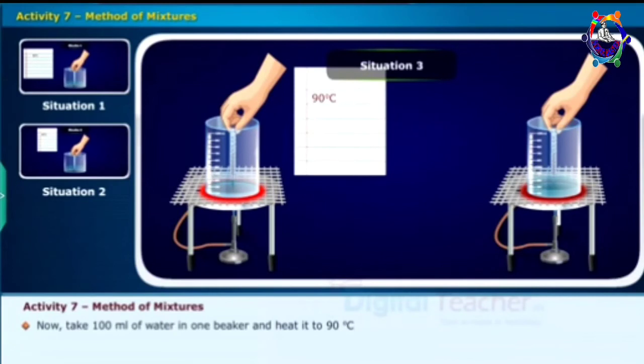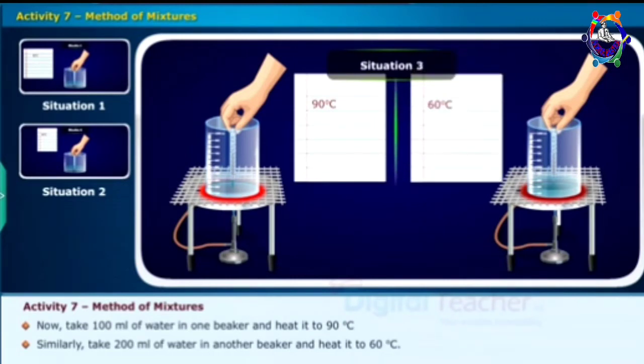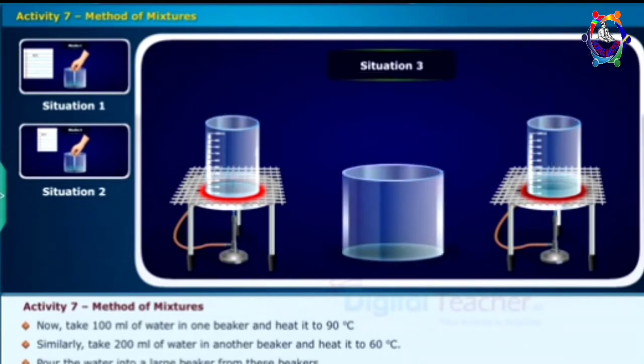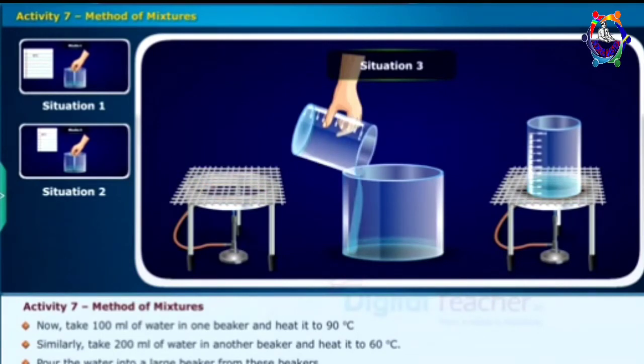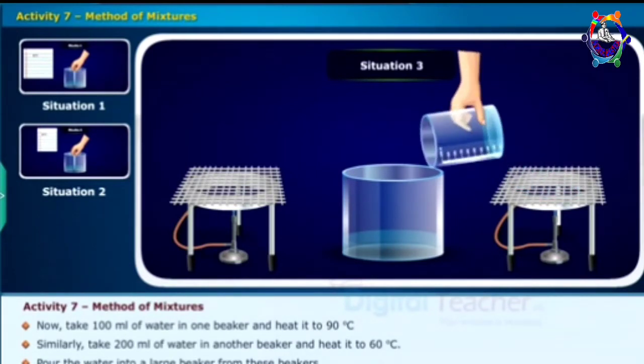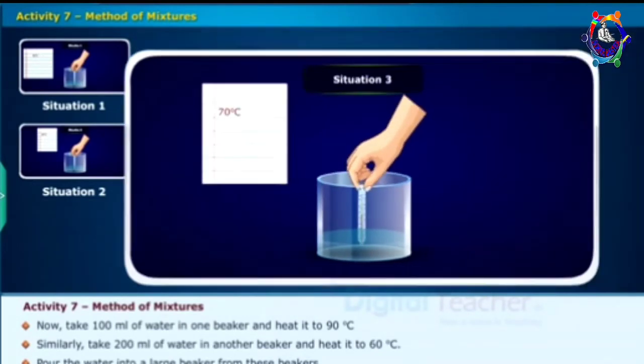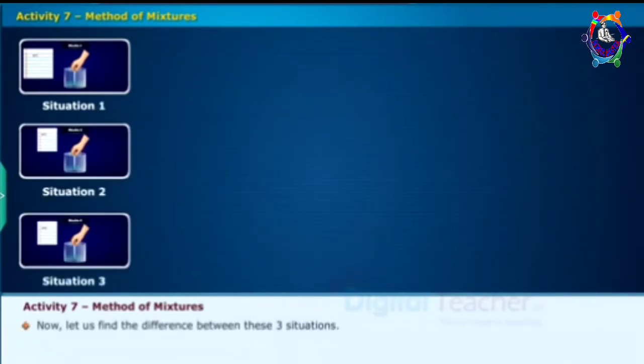Now, take 100 milliliters of water in one beaker and heat it to 90 degrees Celsius. Similarly, take 200 milliliters of water in another beaker and heat it to 60 degrees Celsius. Mix the water into a large beaker from these beakers. Measure the temperature of the mixed water in the larger beaker.